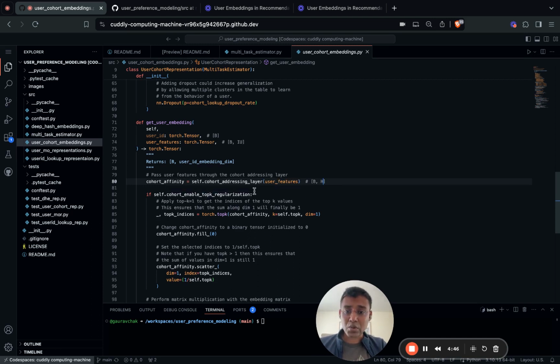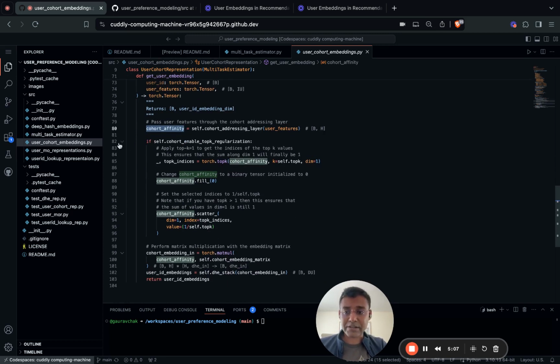Okay, so the cohort addressing layer comes up for each user, that means each row in the batch, with a value per cohort. So for this user, what is their affinity, so to speak, for each of those cohorts.